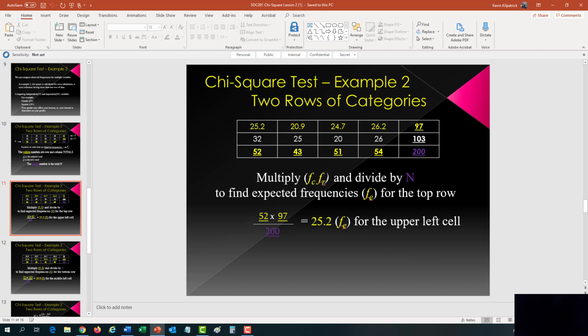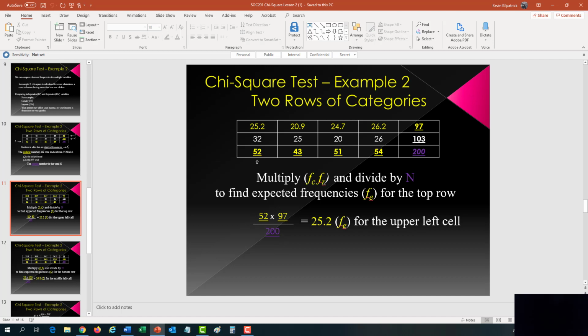So what I've done here is replaced the observed frequencies in white font with the expected frequencies in the top row that I'm calculating. And for this first cell, I'm showing you the fraction down here. I'm multiplying the column total times the row total.